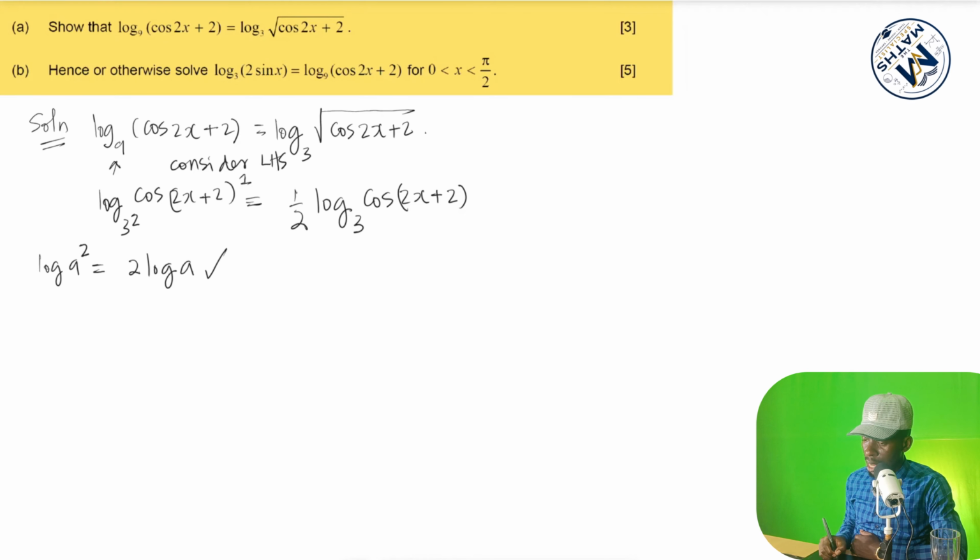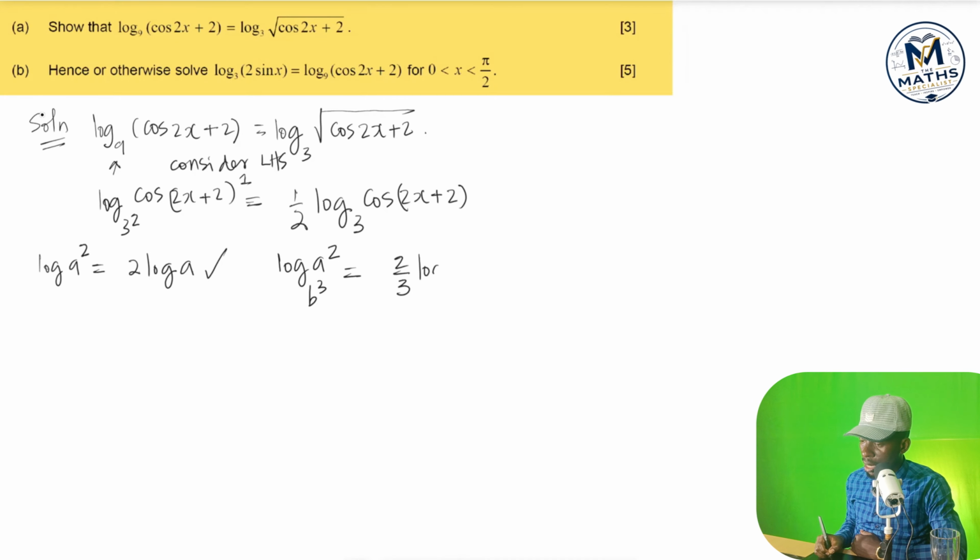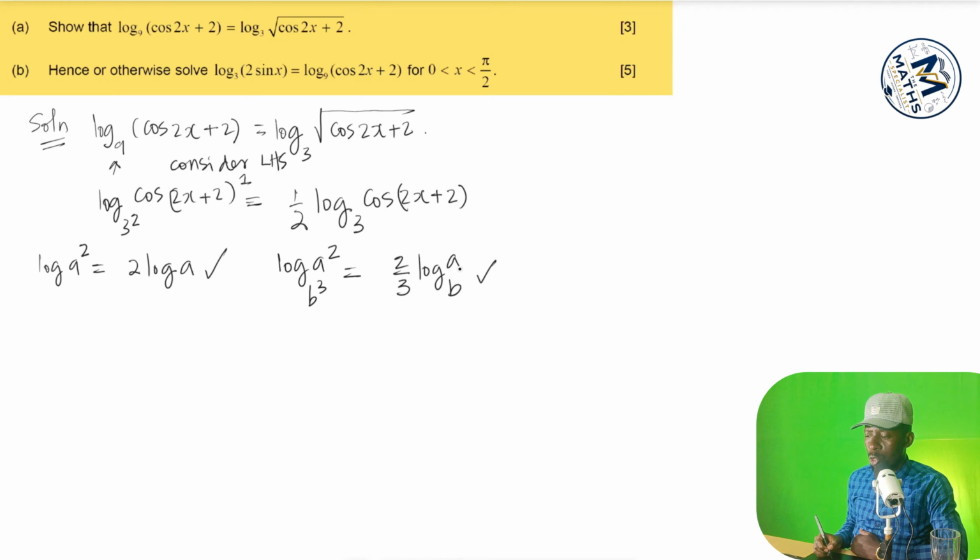For example, now we have log a to the power of 2 and log b to the power of 3. This is equivalent to saying 2 over 3 log a base b. This is according to the laws of logarithms.